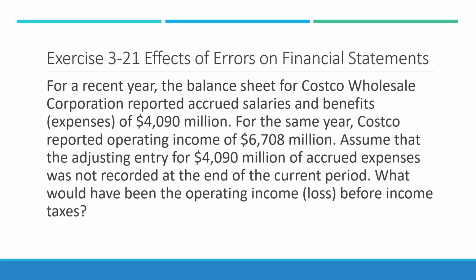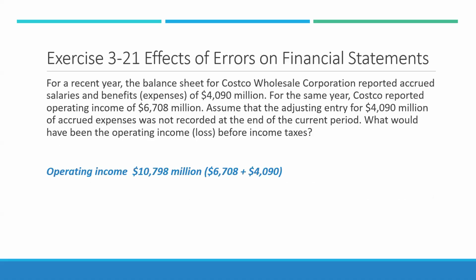What would we have shown as operating income? If that expense, $4,090 million, wasn't there, wouldn't that have increased our revenues by $4,090 million? Get it? It's a lot of money. Make sense?